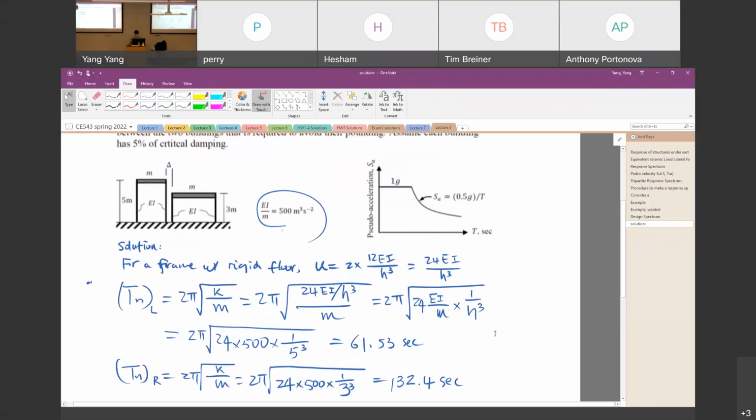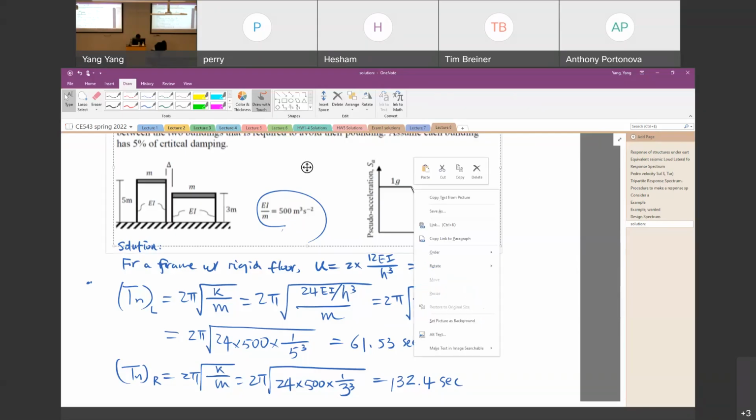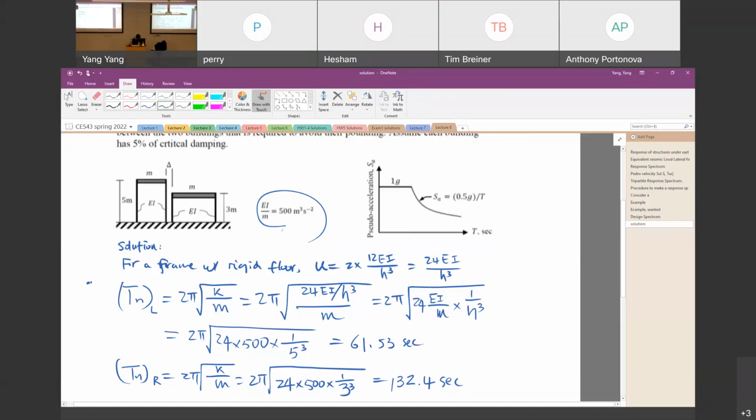So based on these values, we can calculate the maximum zero period acceleration. The acceleration should be equal to either 1g or 0.5g over T. So that means we need to know the threshold period here.